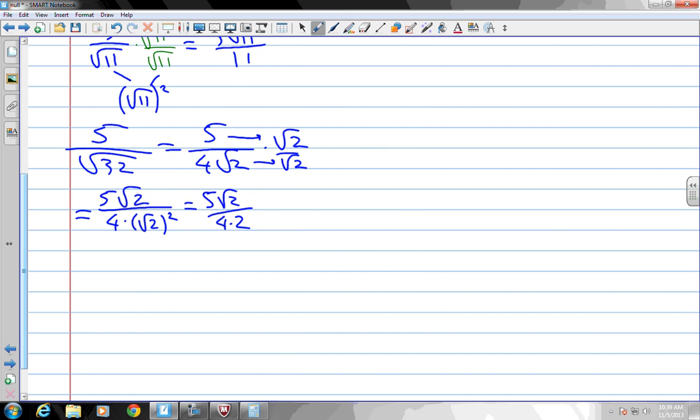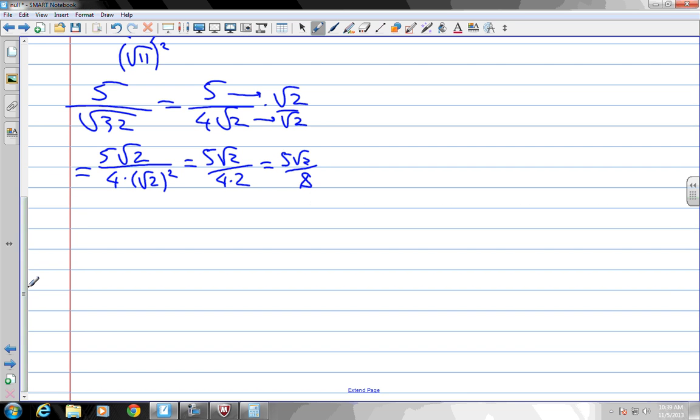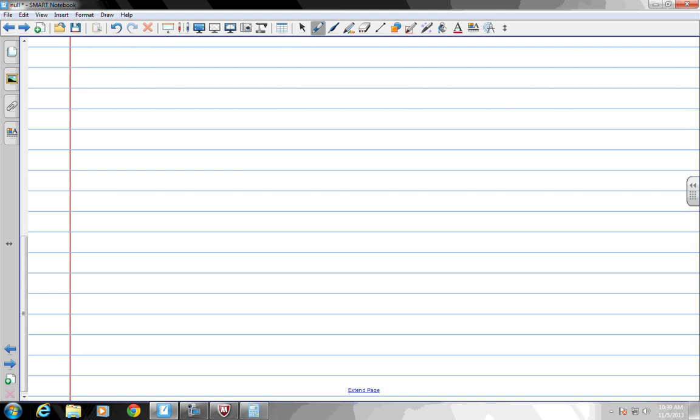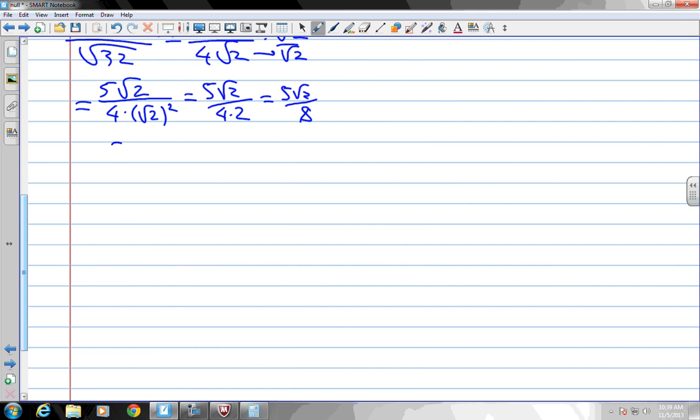So it's 5 root 2 over 8. How's that? Is that okay? Does that make you happy? It's not that bad, right? If you have a single square root, multiply it by itself.